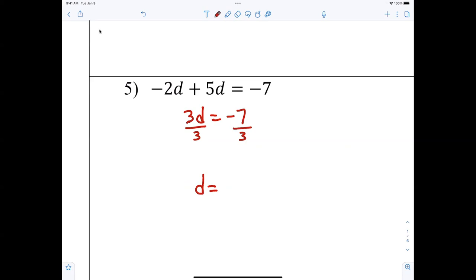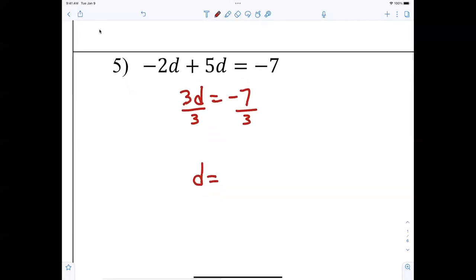What is the answer? Look at the board. What is this right here? Well, that is the answer. Come on. It's 7 divided by 3. 7 doesn't divide by 3 evenly. So we leave it as a fraction.